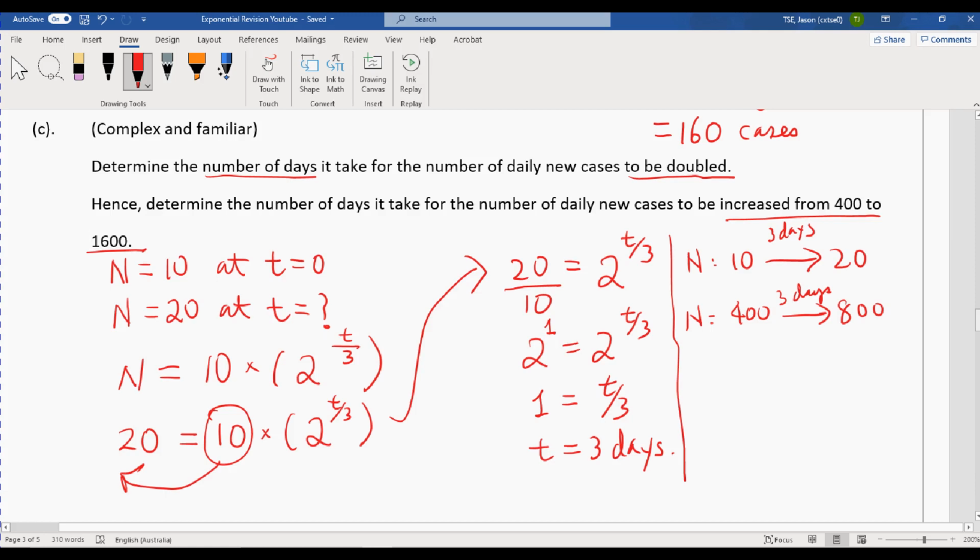So it takes 3 days for the number of cases to increase from 400 to 800. But how about from 800 to 1,600? Again, another 3 days. So totally it takes 6 days for the number of daily new cases to increase from 400 to 1,600, right?